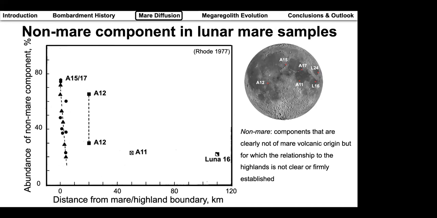So people started wondering, where does this non-Mare material come from, because all these samples were collected directly from the Mare surface? By understanding how Mare and non-Mare materials evolve with time, regarding cumulative impact mixing, we are able to address this question.